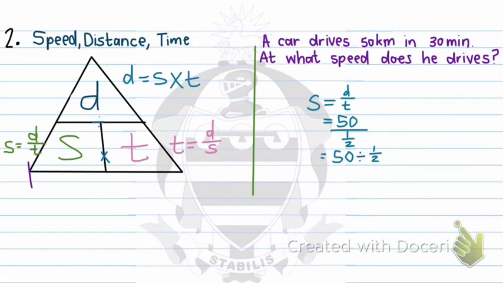If I work with fractions and do this without a calculator, I can say 50 over 1, the division changes to a multiplication, and then I take the reciprocal. In other words, that 1 and 2 swap places. Then you multiply the top ones and you multiply the bottom ones and you simplify, and that gives me 100 kilometers per hour.